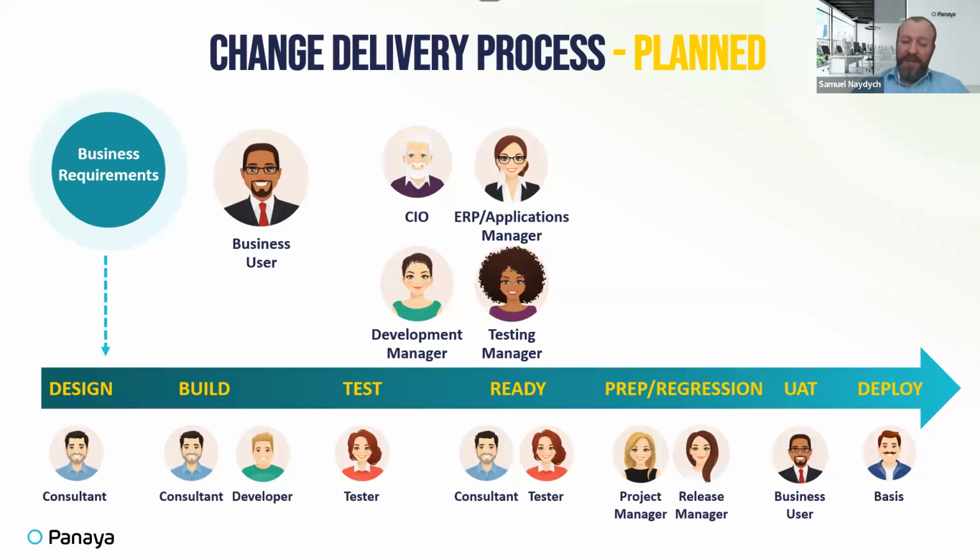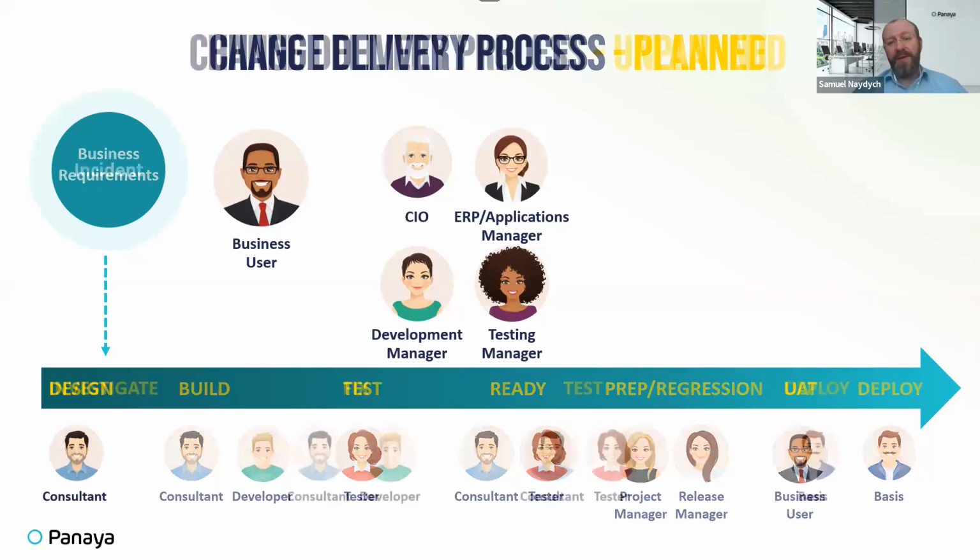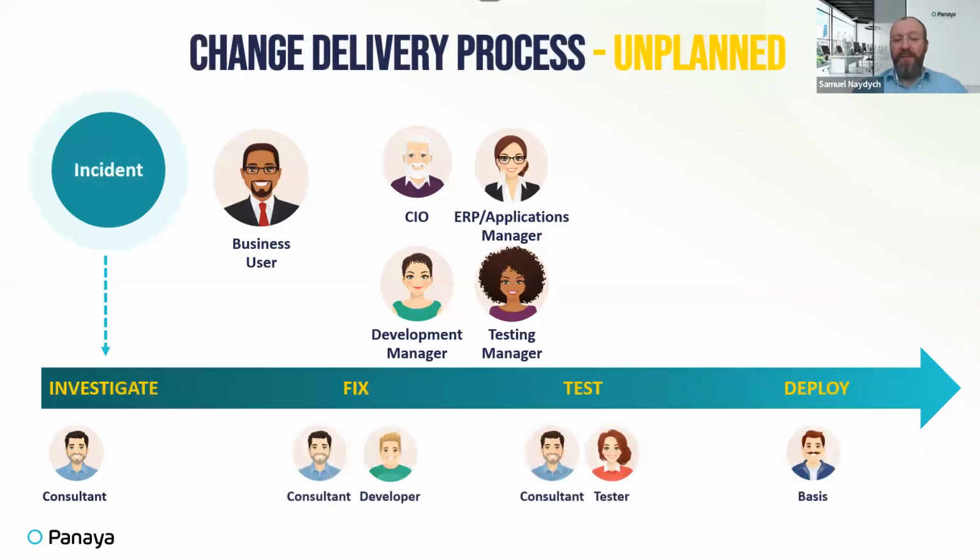Now, as we can see, this is the full process of a planned change. Once it's unplanned, several steps fall out. It typically starts with an incident or bug fix, which is investigated by the consultant and corrected by the developer. A very short testing stage needs to be performed to assure at least some kind of quality before the deployment starts.